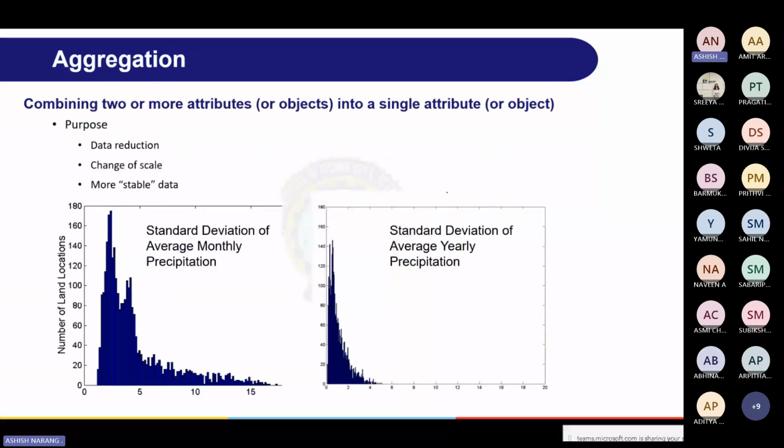Then comes the aggregation. Aggregation is nothing but we are trying to reduce the data by combining two or more attributes or objects into a single attribute, right? We want to reduce the data, we want to change the scale, we want more stable data, then we can do aggregation as such. So you look at the number of land locations and the standard deviation of average monthly precipitation, right?